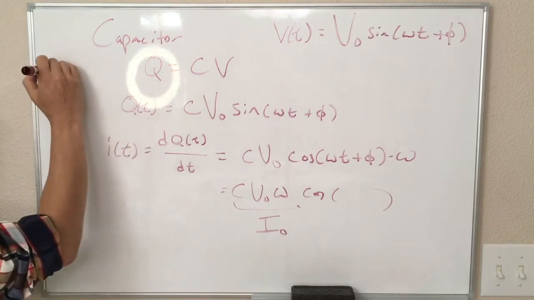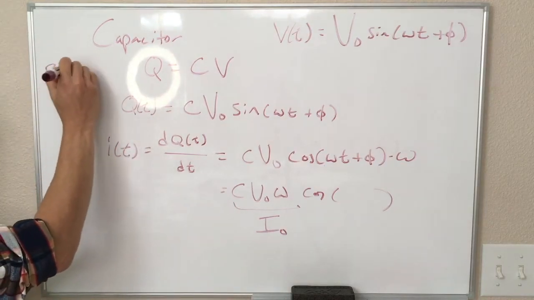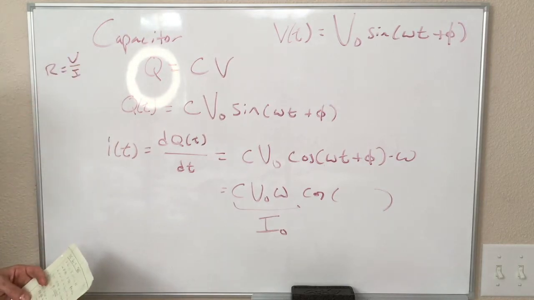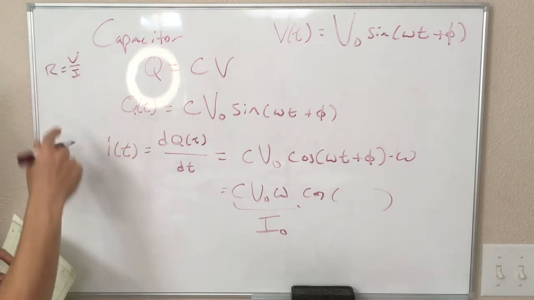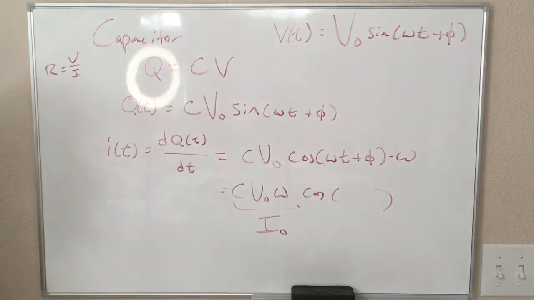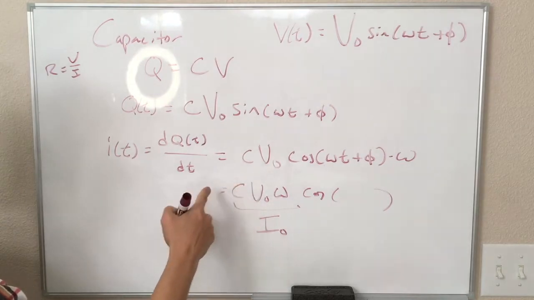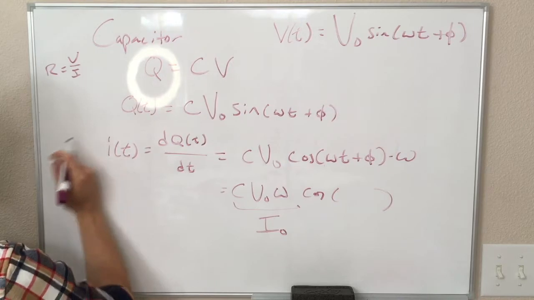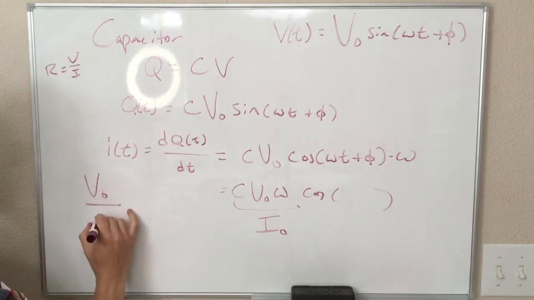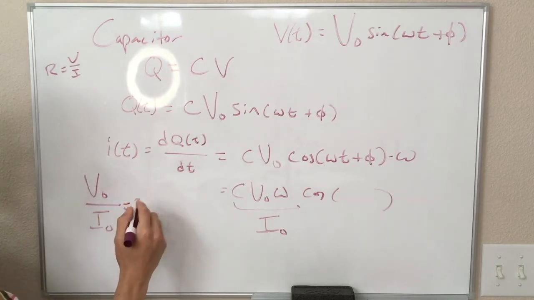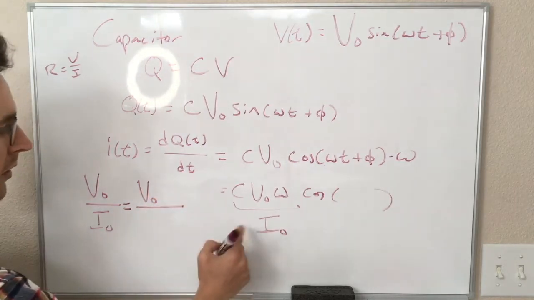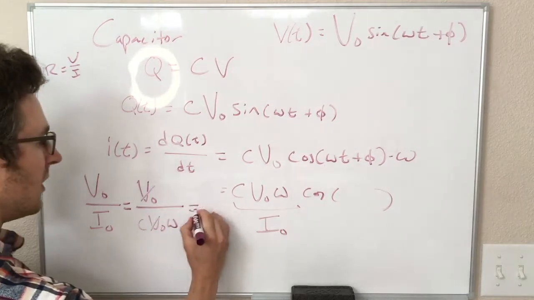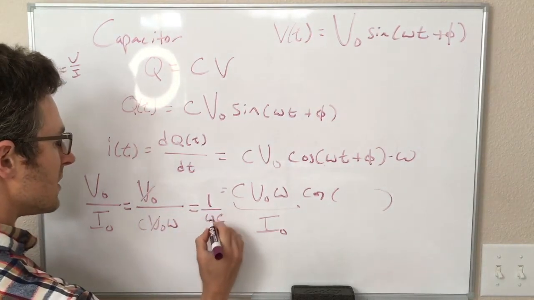So remember, for Ohm's law, we have R is equal to V over I. For this, let's look at the ratio of V over I for the capacitor. That is, we're looking at the amplitude, so that's V naught over I naught. So that is equal to V naught over C V naught omega. So the V naughts cancel, and we get 1 over omega C.